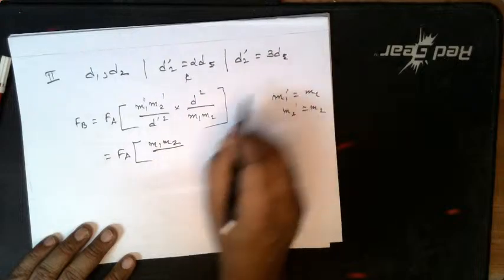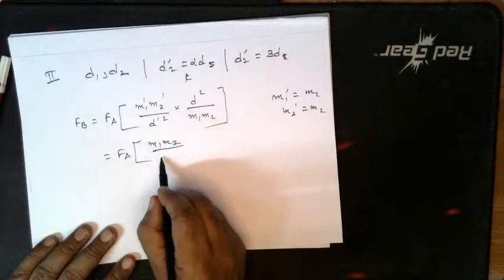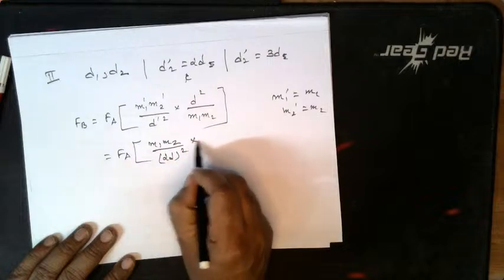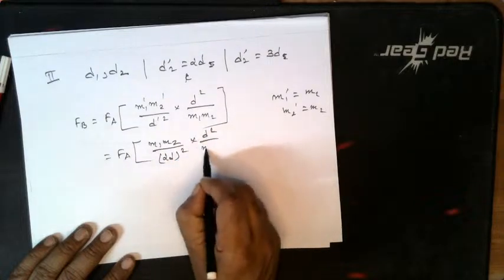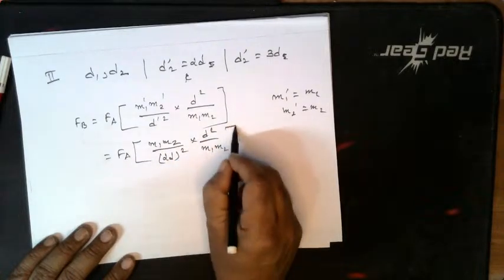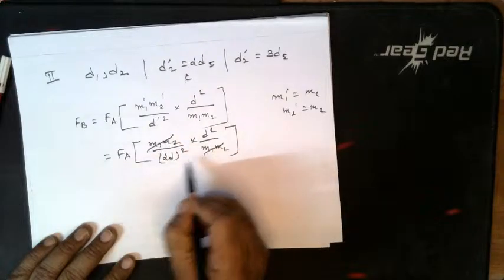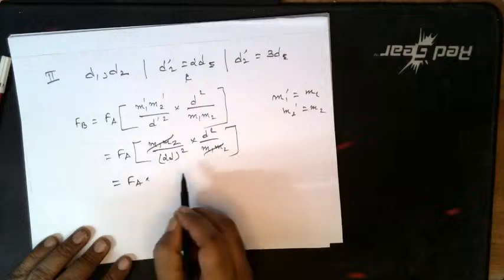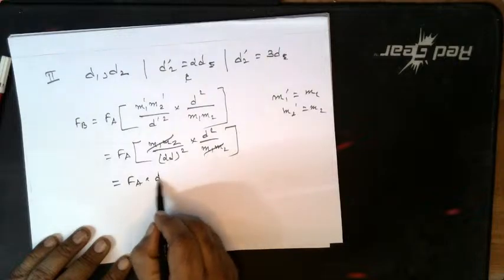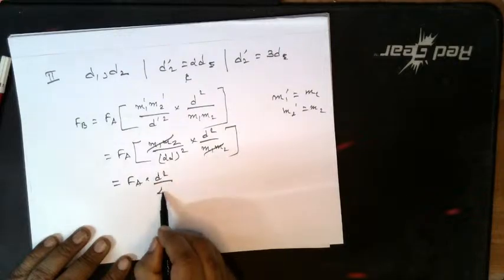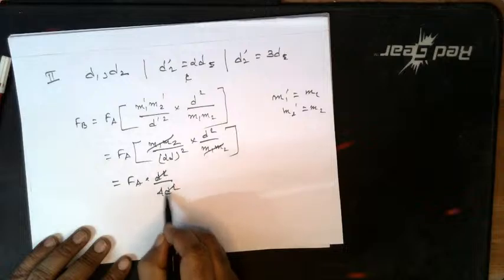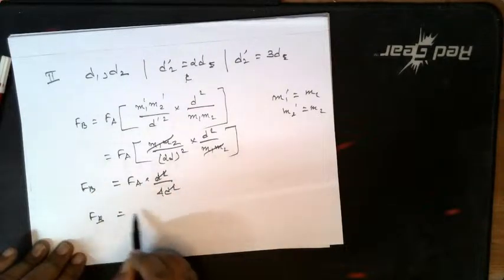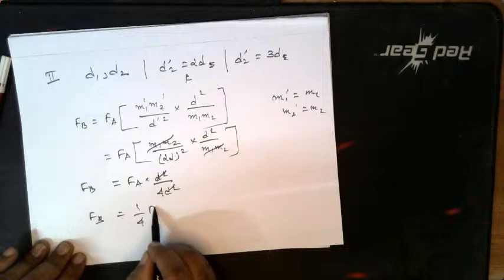So it means 2D the whole square, into D square. Now FA into D square divided by 4D square. You can cancel, so FB is equal to 1/4 of FA.